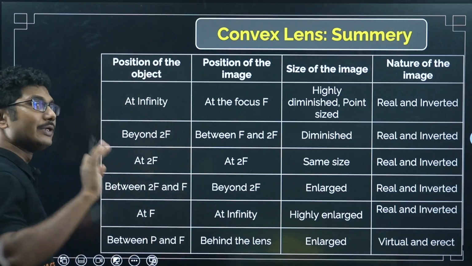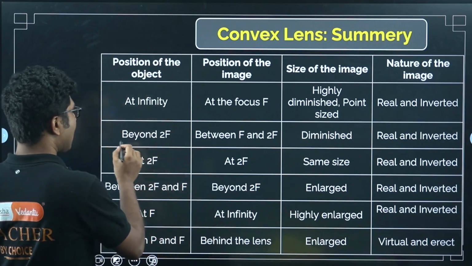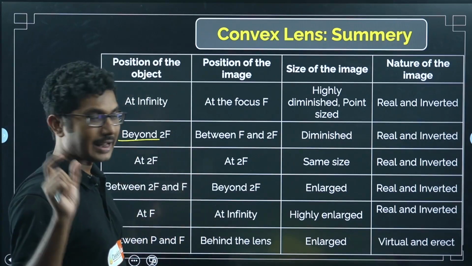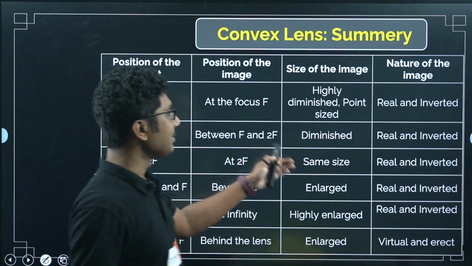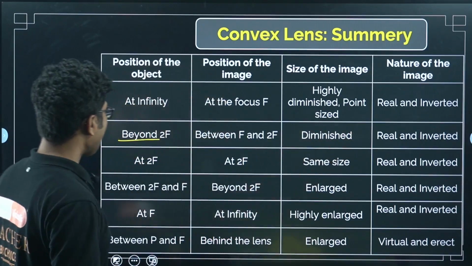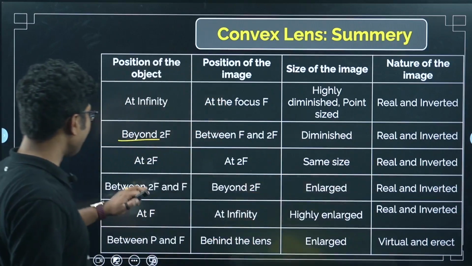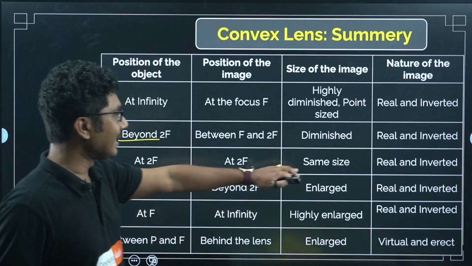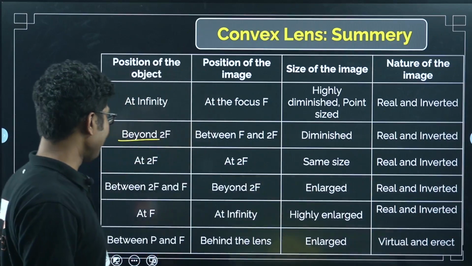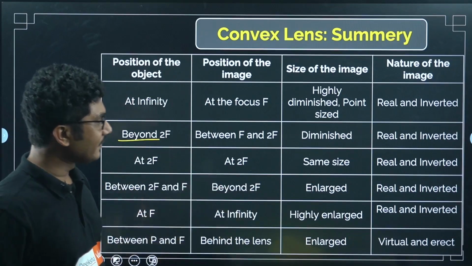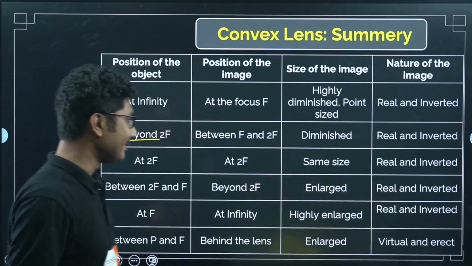So that's why we cannot write it like that, and based on that we have to mention f and 2f. Diminished, real and inverted. At 2f, exactly at 2f, same size, real and inverted. Between 2f and beyond 2f, enlarged, real and inverted. At f, image is at infinity, highly enlarged, real and inverted.